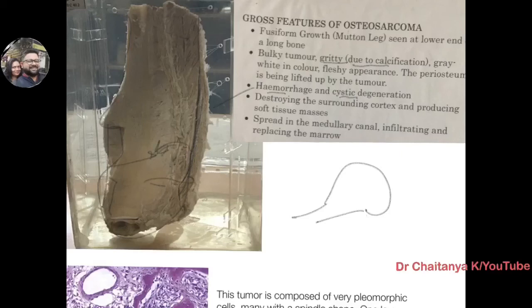If you see the bone, inside is the bone marrow, the medulla, and the outer side is the cortex. The tumor arises from the cortex, destroys it, and can infiltrate the medulla also. So this is the feature of osteosarcoma.